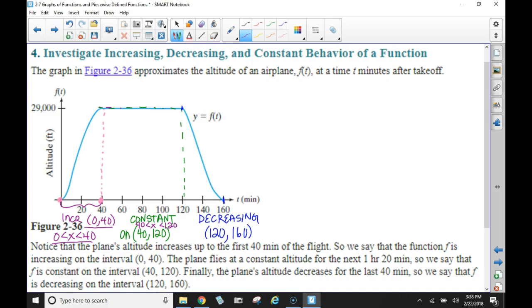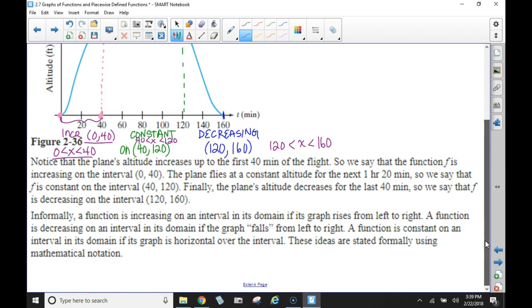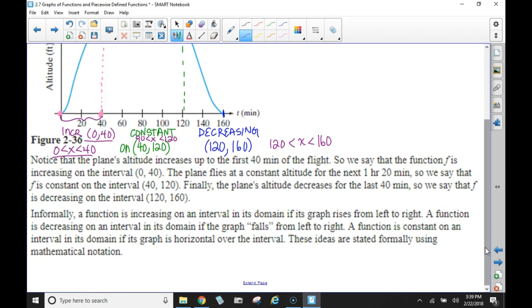Okay, and the same thing for the decreasing. That means between 120 and 160, the altitude is decreasing. The function is decreasing. Okay, so you can write those like they did in interval notation, but don't forget that those mean a compound inequality. Between there, between there, between there.